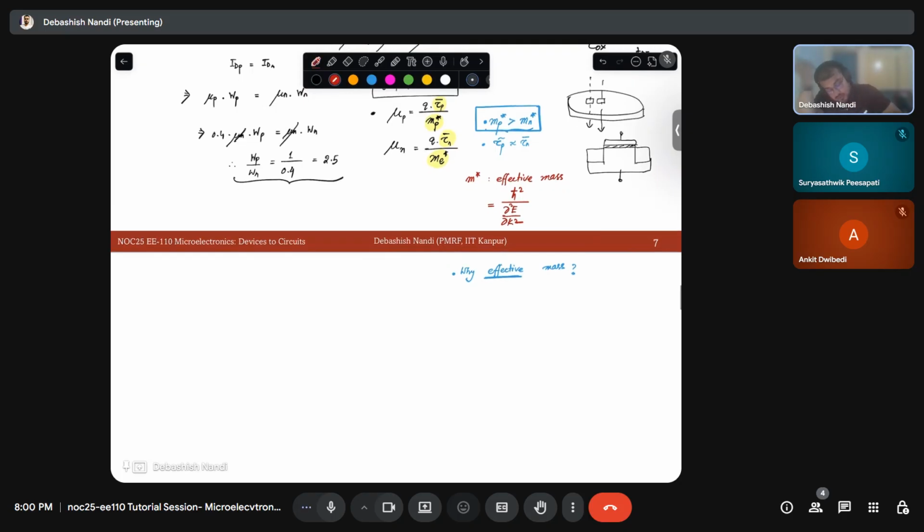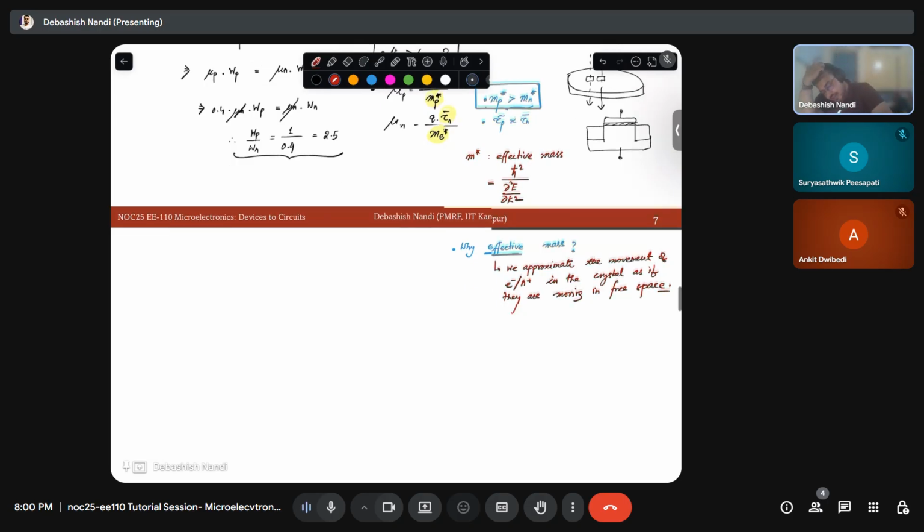This is because we approximate the movement of electrons or holes in the crystal as if they are moving in free space. This I have mentioned in the last class.